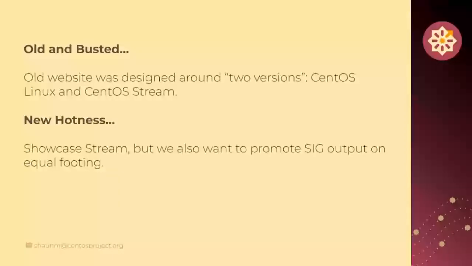Like, Hyperscale produces a variant basically of CentOS Stream with different packages, and you can just consume CentOS with the Hyperscale stuff. So that's one example, but there's various things that you could run other than just raw CentOS Stream. So we wanted to highlight all of that.